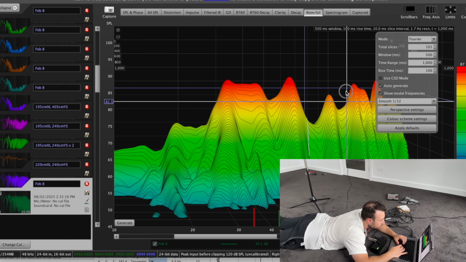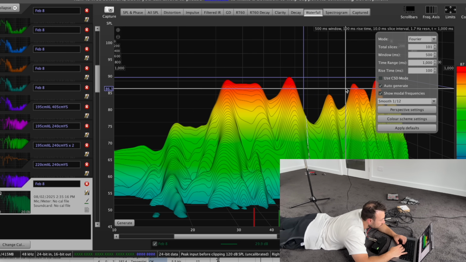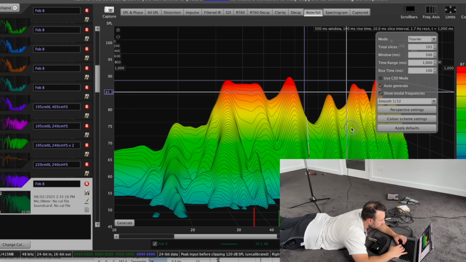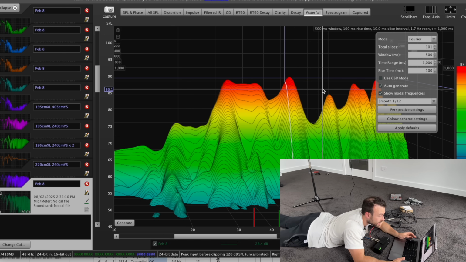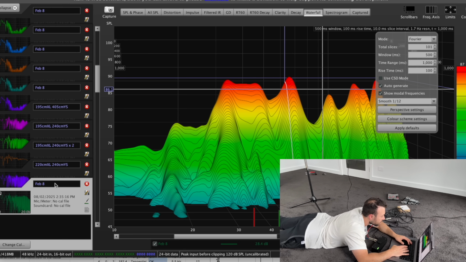That's about 10 decibel between, that's 16 decibels. So it's plus minus 8 decibel in the low end there without any treatment. Is that good? Absolutely not. It is not good, but this is not a treated room. So I'm thinking 210 centimeters X on the listening position and 240 centimeters Y.